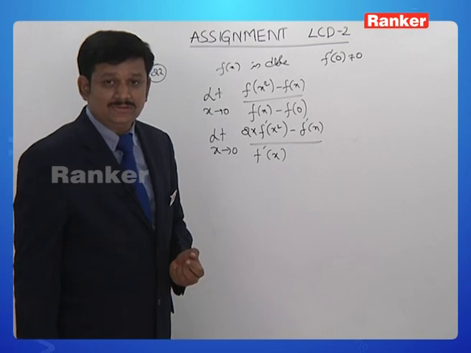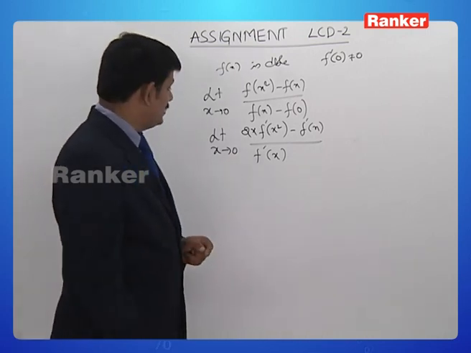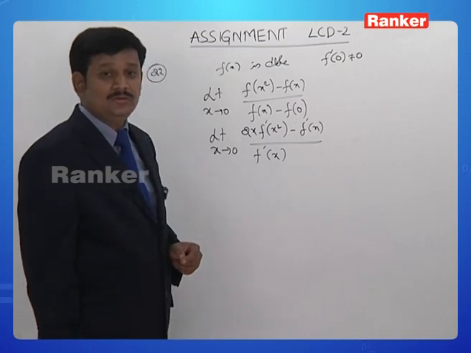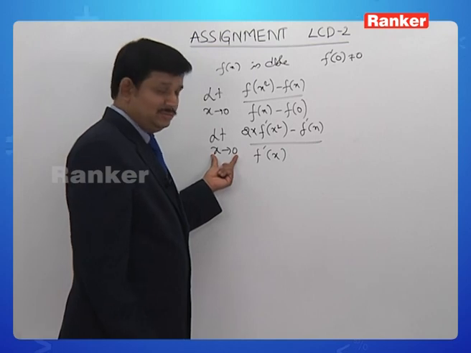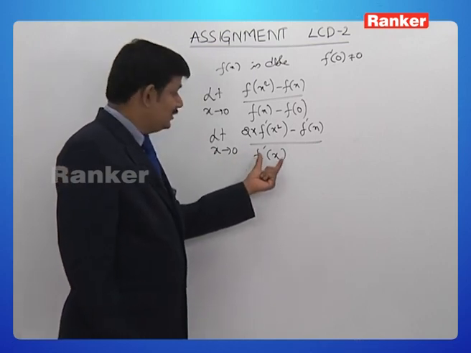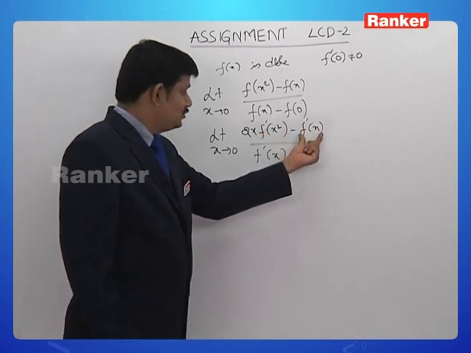f dash of x. Now f dash of 0 is a non-zero number. Let us say a. As x tends to 0, f dash x is a. x square is also 0, so this is also a. This is also a.